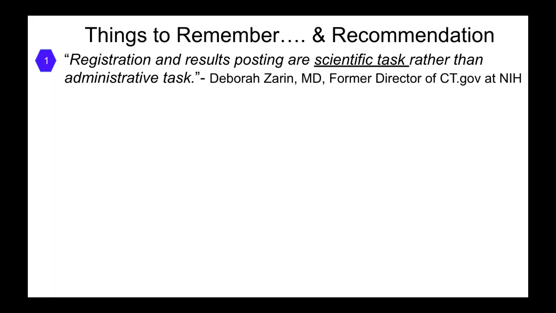If you're not, you should ask the PI to do it, or have a scientific member of the study team do it for the PI. And I say scientific task, but specifically clinical science. If you're not a clinical scientist, you may not have the expertise to do some of the sections in CT.gov.